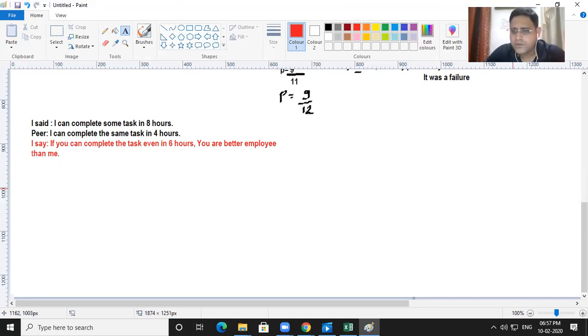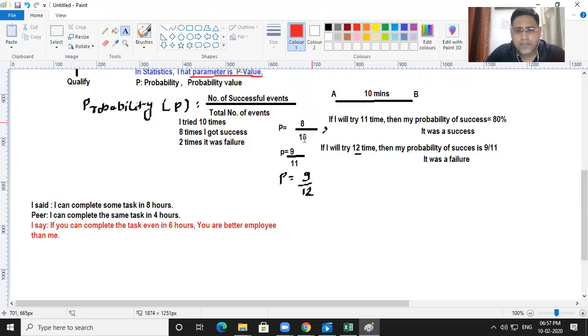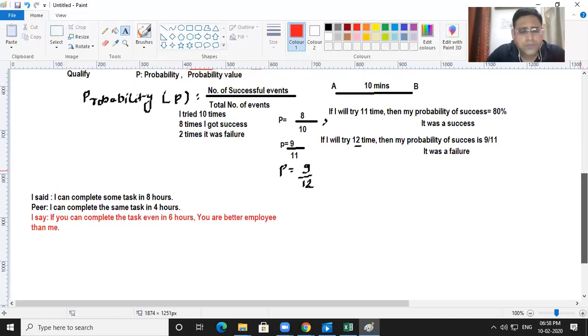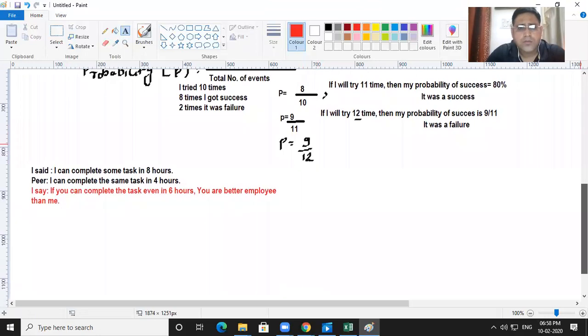As I told you, if it is 8 by 10, then at the 11th time when I put in an effort, either I will get success or failure, but this data will change. Either the denominator will change, or the numerator and denominator both will change. So probability is a variable.